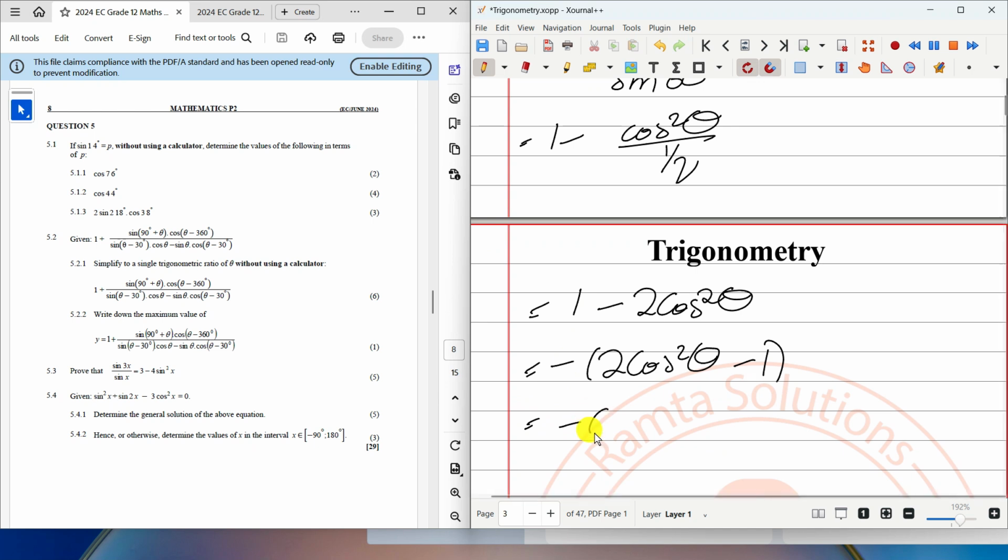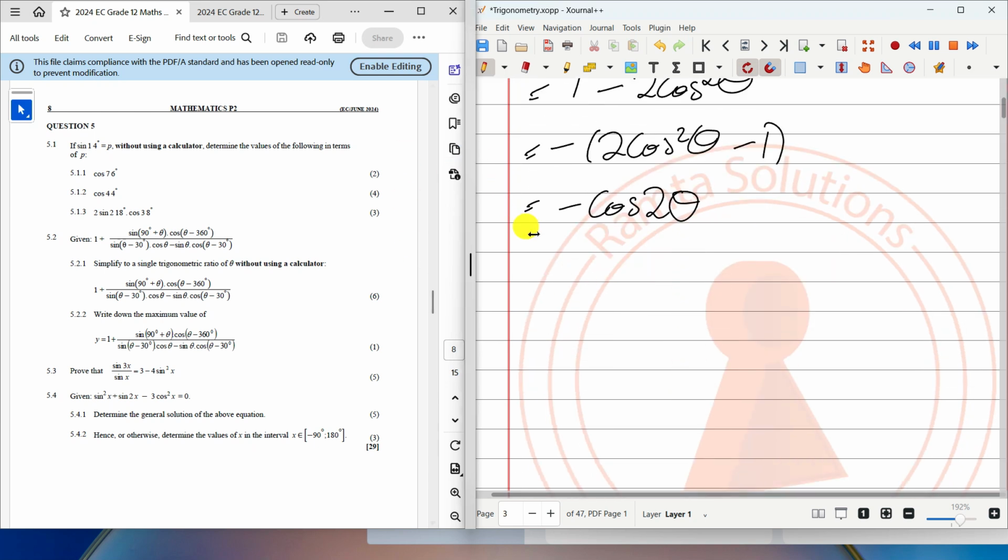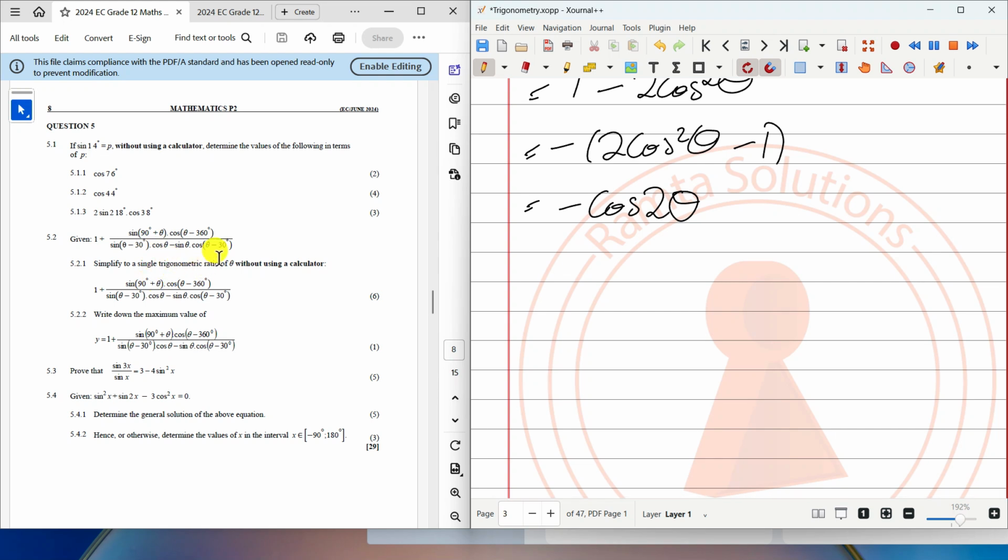This is negative cos 2 theta, isn't it? Now, remember they said simplify to a single trigonometric ratio of theta without using a calculator, and we did just that.